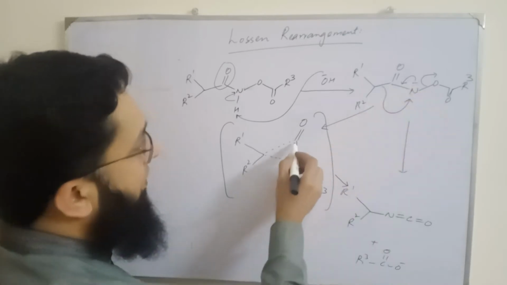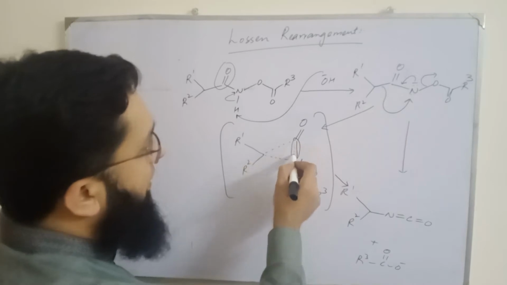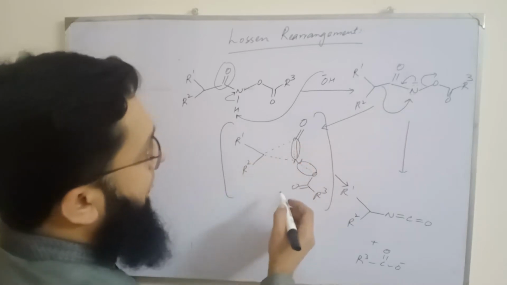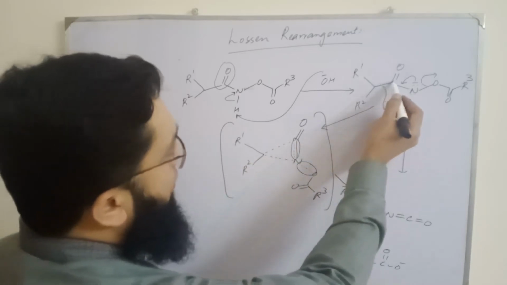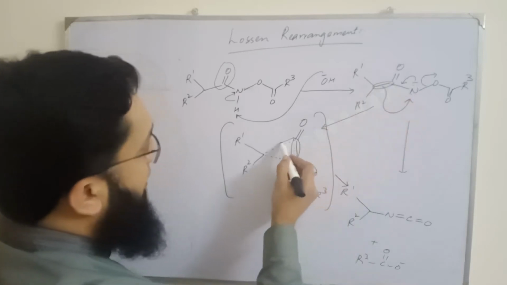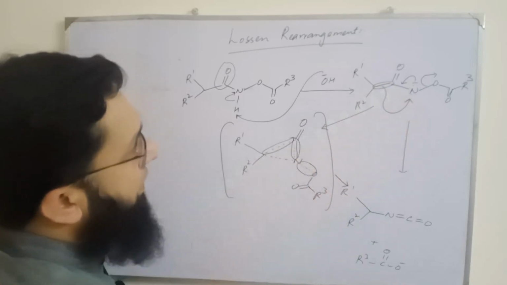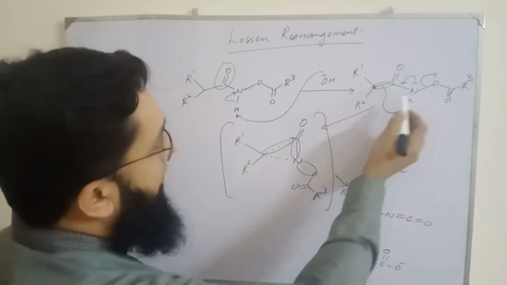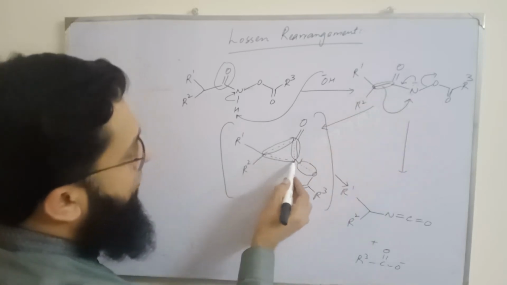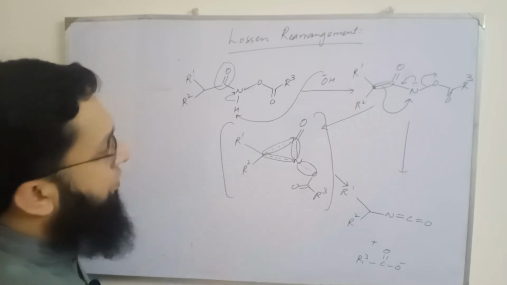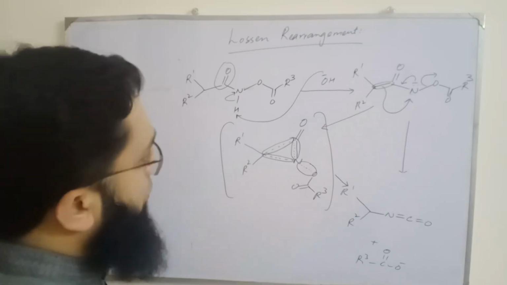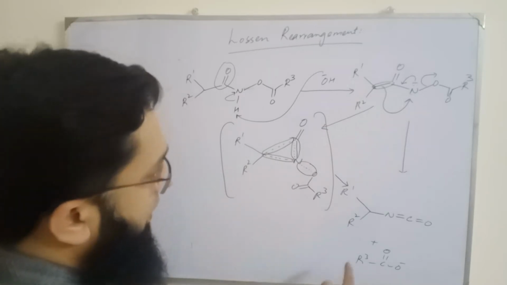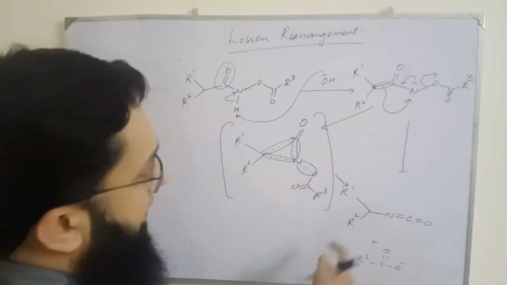This carbon is making a new bond with nitrogen, which has been shown with a dotted bond. So in the end we get the isocyanate.